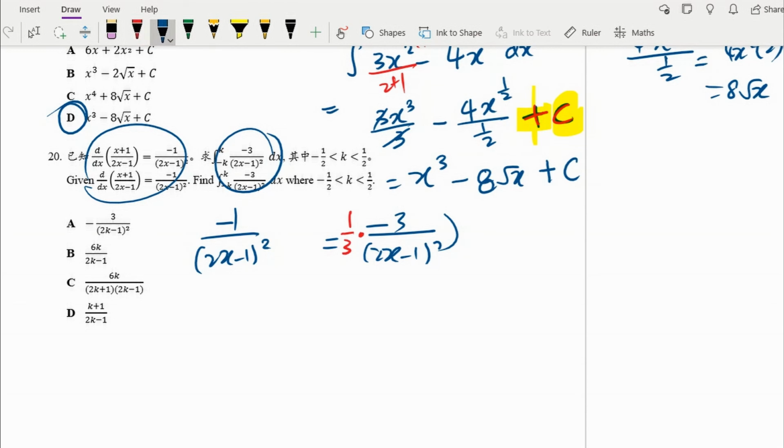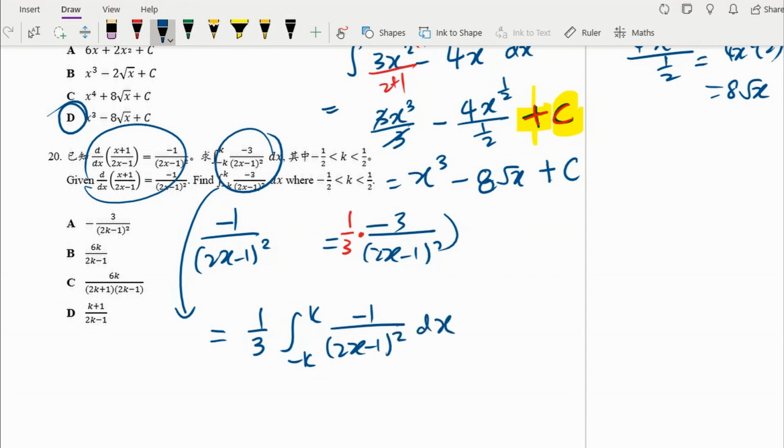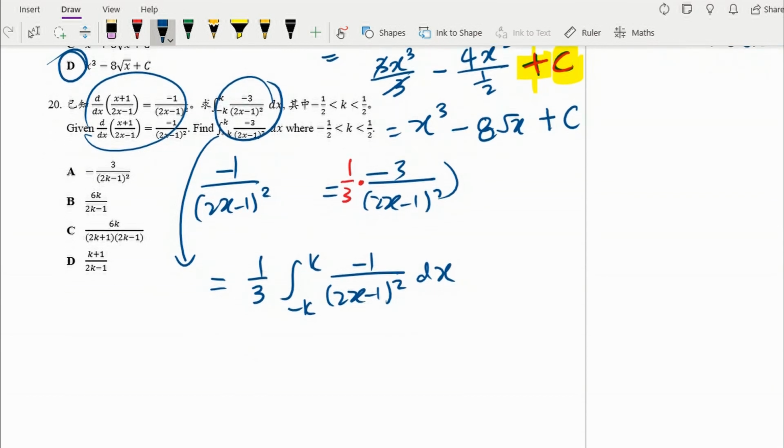So this one here is equal to 1/3 from negative k to k of negative 1 over (2x minus 1) squared dx. Which means when you integrate this, you'll get back this part here, because this is the antiderivative of negative 1 over (2x plus 1) squared, right?